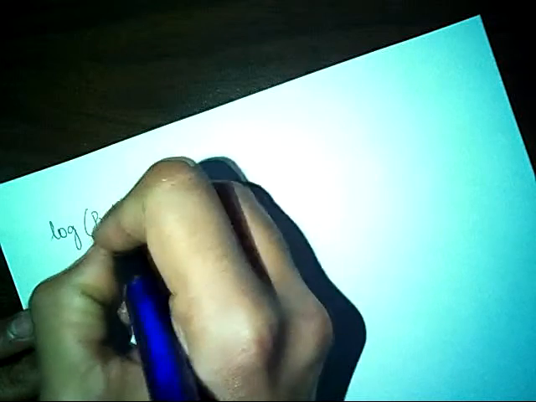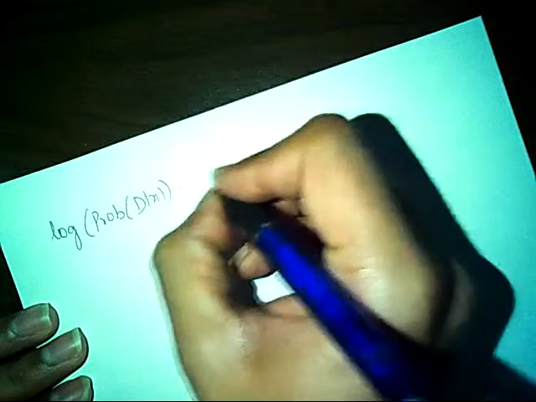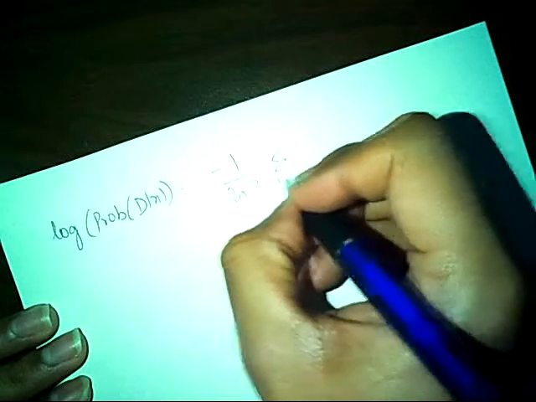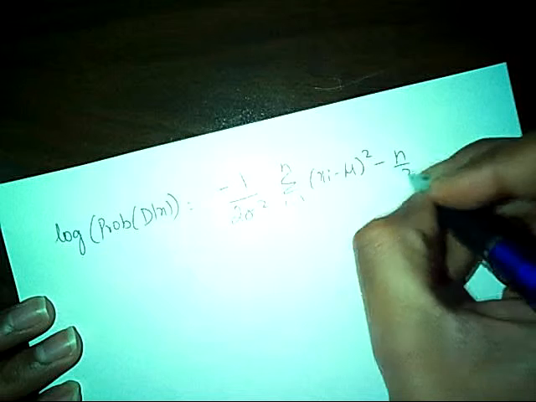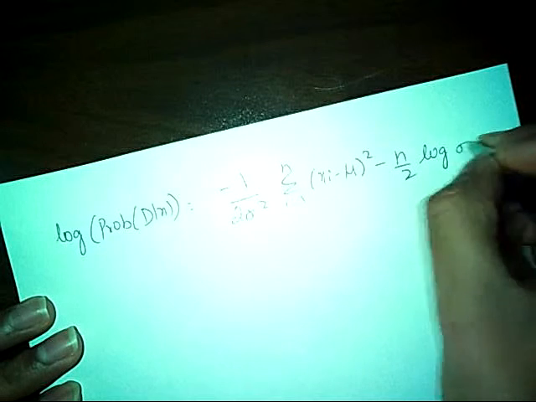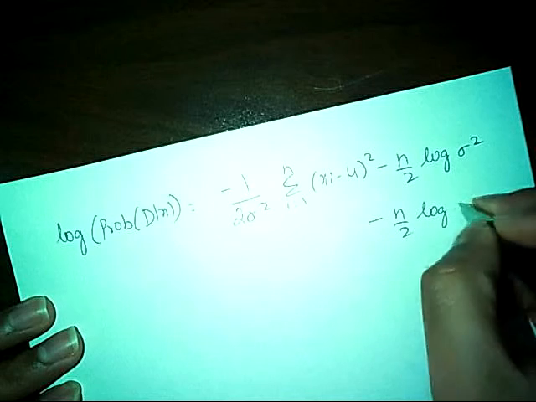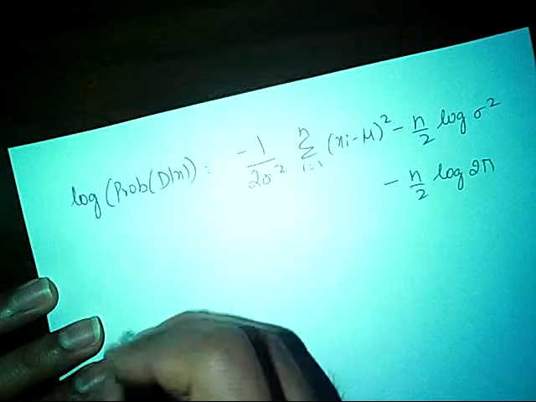So to just recall, we had the log likelihood function as above, so I'm now going to differentiate this with respect to sigma squared.